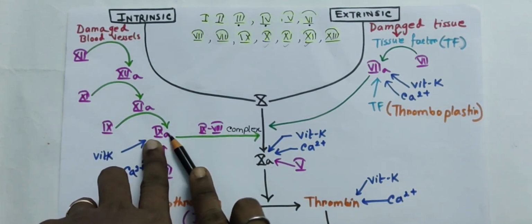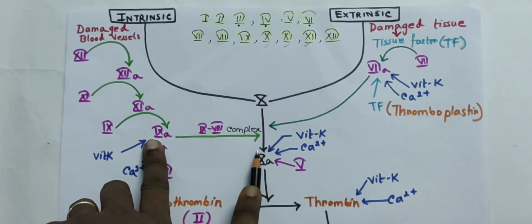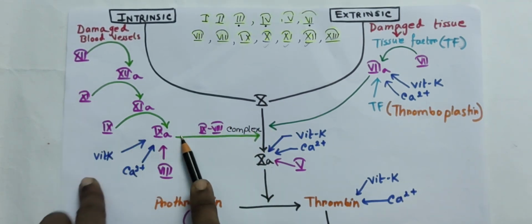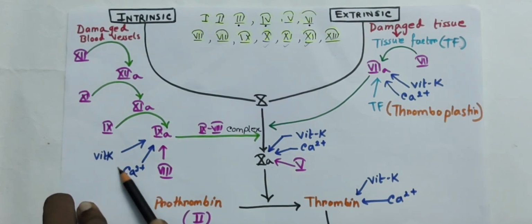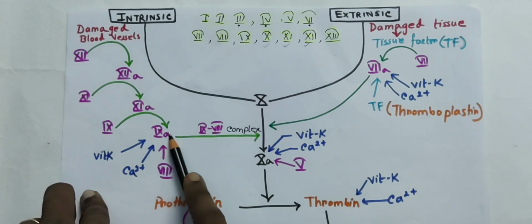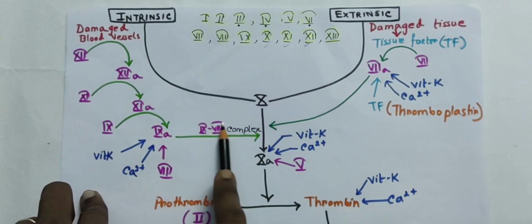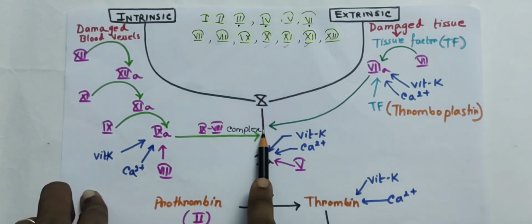But 9 can activate factor 10 with the help of three things: vitamin K, calcium ion and factor 8. So vitamin K and calcium are very important here to activate factor 9. Now factor 8 and factor 9 form a complex that activates factor 10.